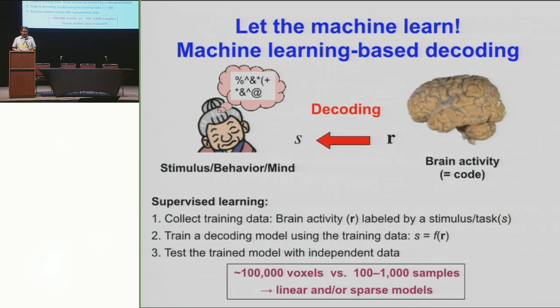Another technical thing, although I don't have time to discuss in detail: we typically have 100,000 voxels, but a relatively small number of samples, like 100 to 1,000 from a single experiment. With these numbers, it's usually difficult to get a nice regression or classification using a traditional statistical method. To make a good prediction, we have to have a simple model with a small number of parameters.